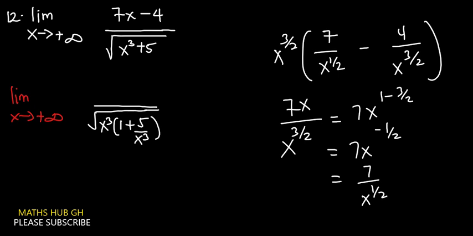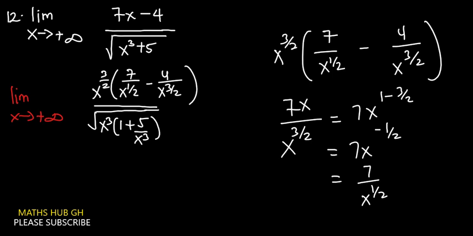The same thing for the second term: you divide the 4 by x to the power 3 on 2. So at the end, the numerator will be x to the power 3 on 2, bracket open, 7 over x to the power half, minus 4 over x to the power 3 on 2, bracket closed.